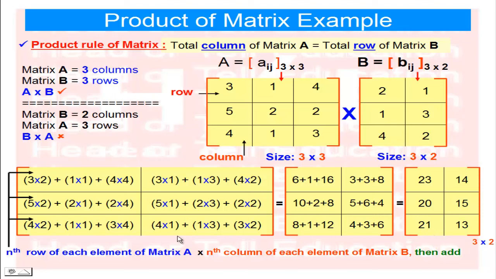And 4 is multiplied by 1, 1 is multiplied by 3, and 3 is multiplied by 2, so 4 plus 3 plus 6 equals 13. So this is the product example of a 3 by 3 matrix multiplied by a 3 by 2 matrix.